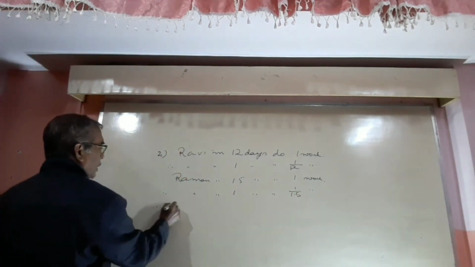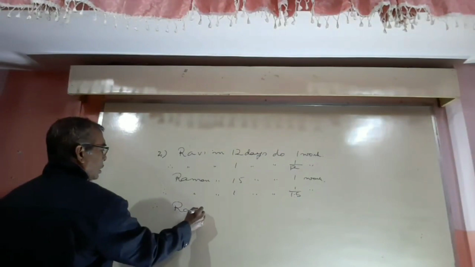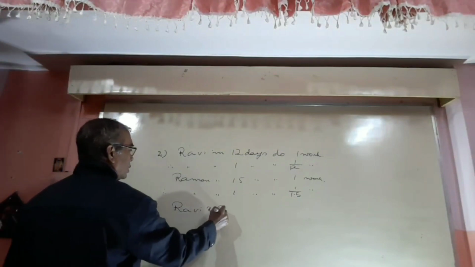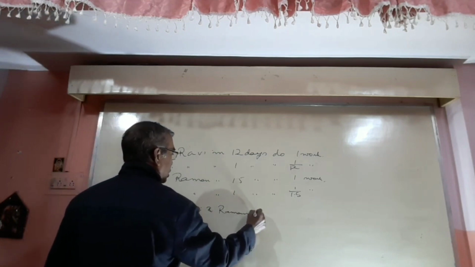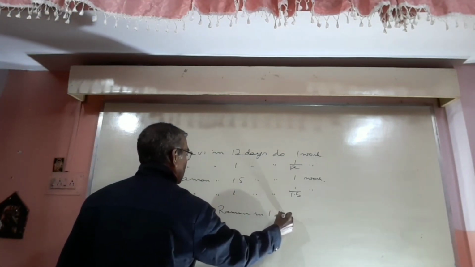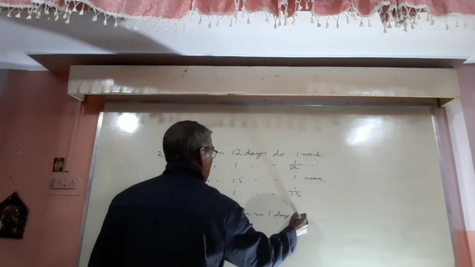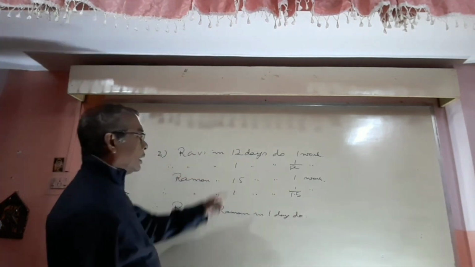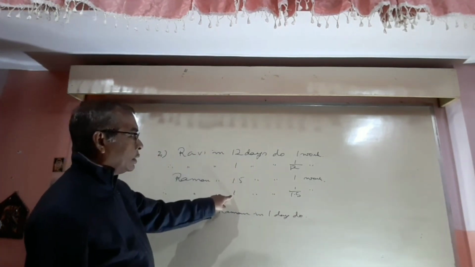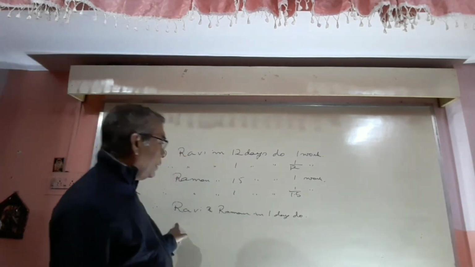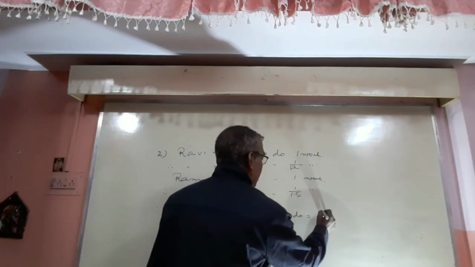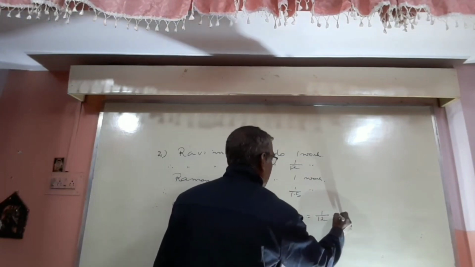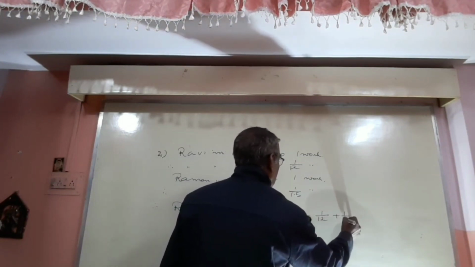Therefore Ravi and Raman in 1 day do how much work? Ravi's 1 day work plus Raman's 1 day work. If we add, then Ravi and Raman's 1 day work will come, which is equal to 1 by 12 plus 1 by 15.